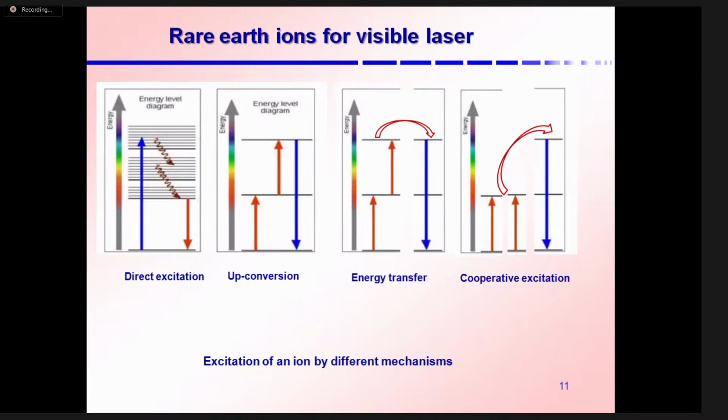Up conversion can also be interesting for terbium, but most excitation processes of terbium are connected with energy transfer from another material that is excited. For example, for praseodymium, it is possible to excite in a two-step process, and then there is energy transfer from praseodymium to terbium, and then you can get the laser radiation.